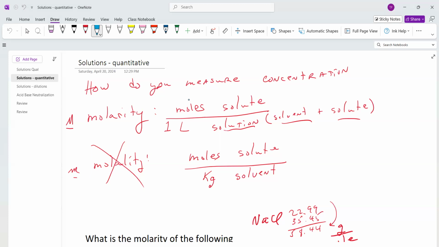It's like in Spanish, burro and burro. They sound the same, but they're not the same. One is butter, and the other is burro, an animal. So we're not using molality. Molality comes into something called colligative properties, and it's moles of solute per kilogram of solvent. Sometimes they're the same. Most of the time, they're slightly different.